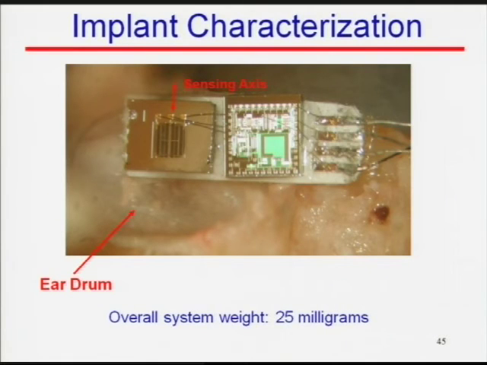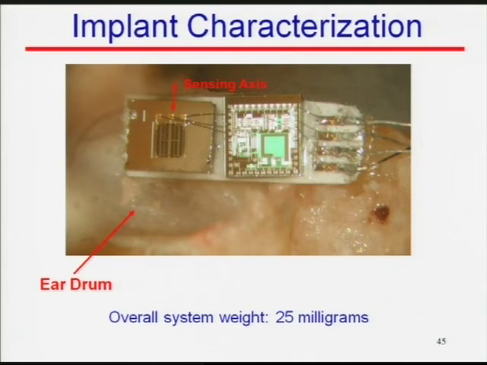So this is the implant characterization. We put this device, we don't have the package to cover the top, on the bone. Actually, the bone is right here. This is where you're looking into your ear canal from inside your middle ear. The sound is coming from the back side of this screen, so the eardrum will vibrate, and the bone will vibrate up and down like this.